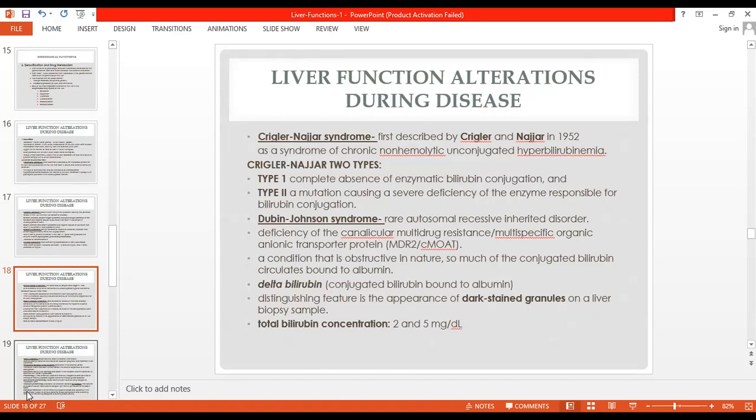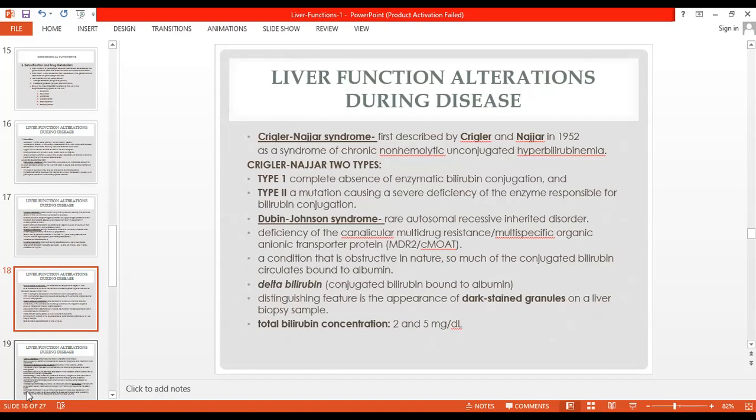In other words, the liver's ability to uptake and conjugate bilirubin is functional. However, the removal of conjugated bilirubin from the liver cell and its excretion into the bile are defective, and this results in accumulation of conjugated and to some extent unconjugated bilirubin in the blood, leading to hyperbilirubinemia and bilirubinuria.